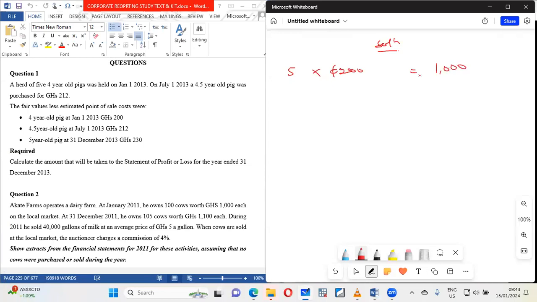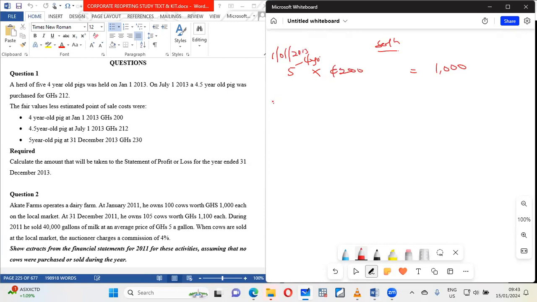Then we are told that they bought another one. But like I told you, the fair value of these animals changes with age. All right. So these 5 were 4 years old on 01/01/2013.